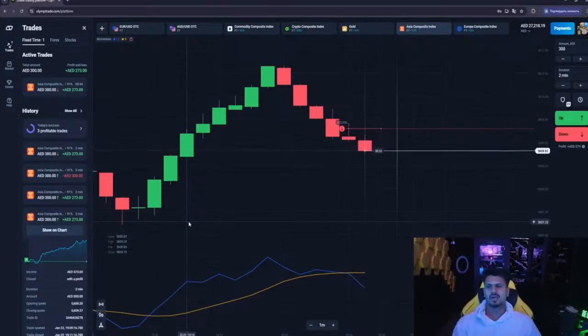So guys, you can write in the comment section. Three profitable trades were successfully done, and now this is going to be the fourth profitable trade.